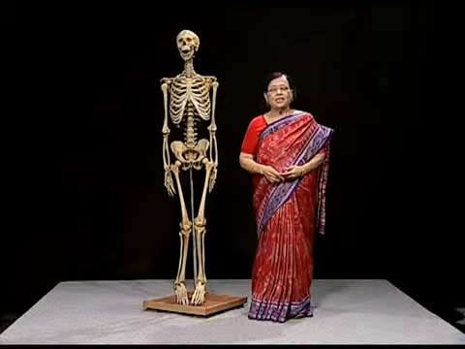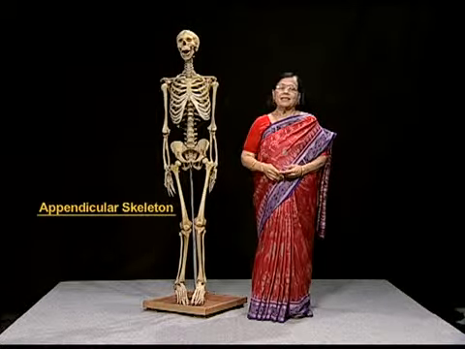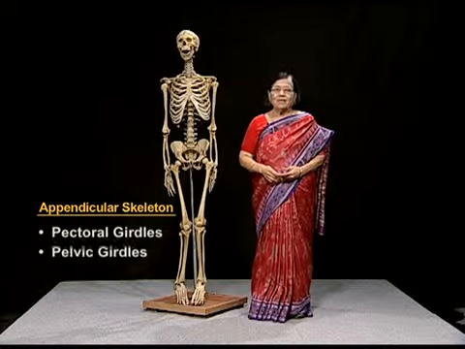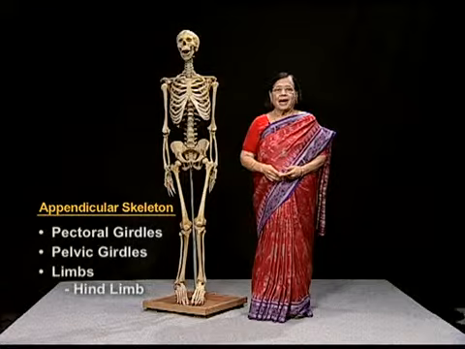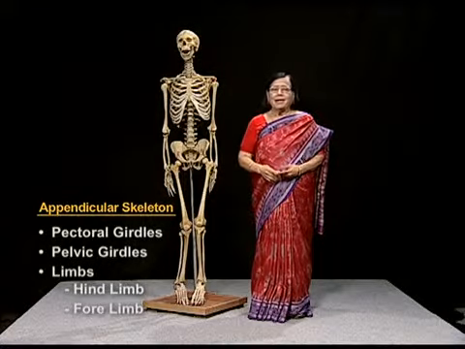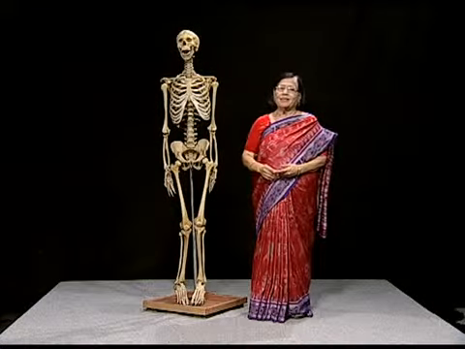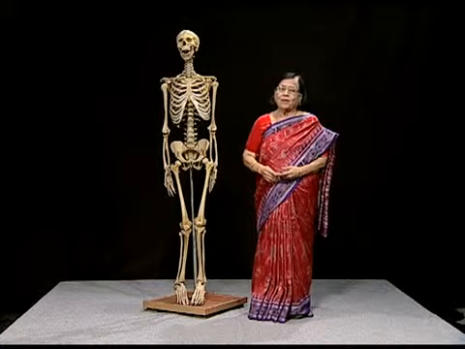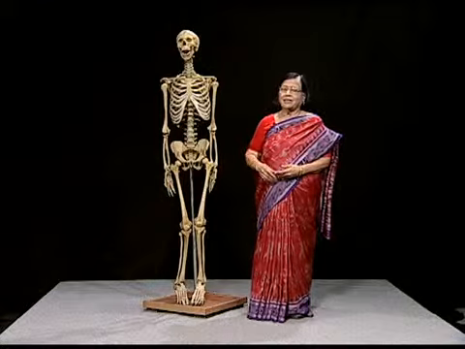The other division is the appendicular skeleton, which includes the pectoral girdle, pelvic girdle, limbs, hind limb and the forelimb. Let me start explaining the bones in this skeleton, starting with the head, which is part of the axial skeleton.